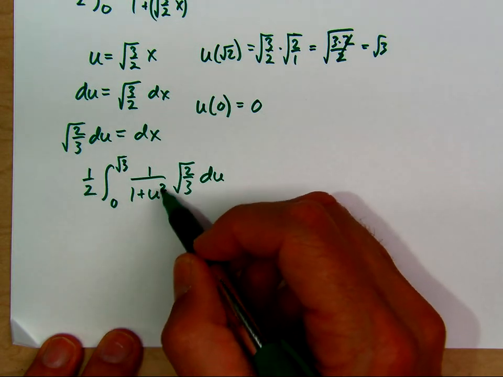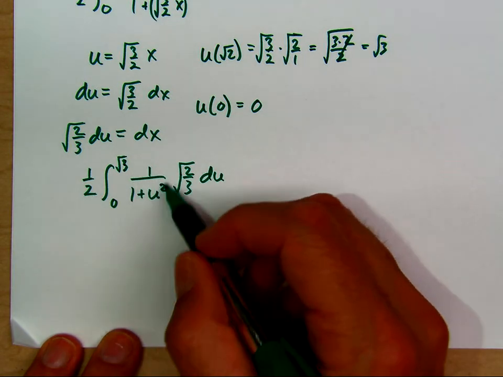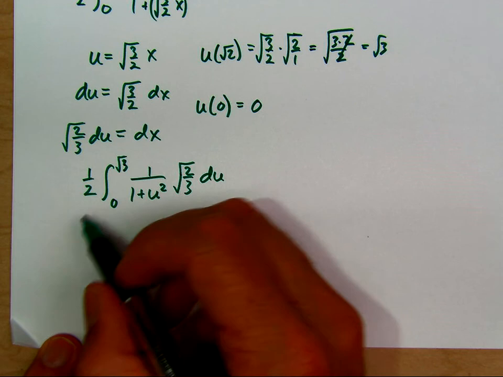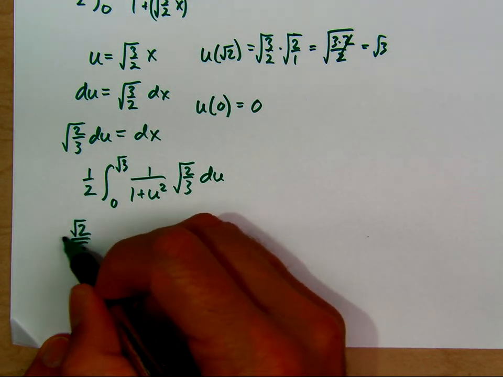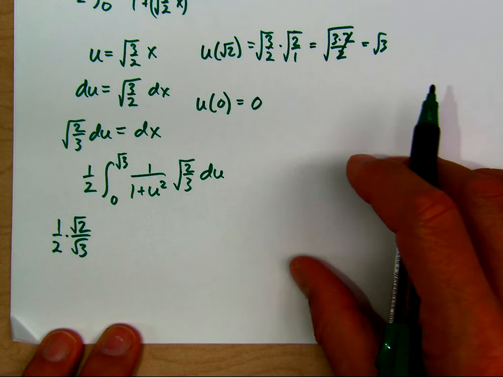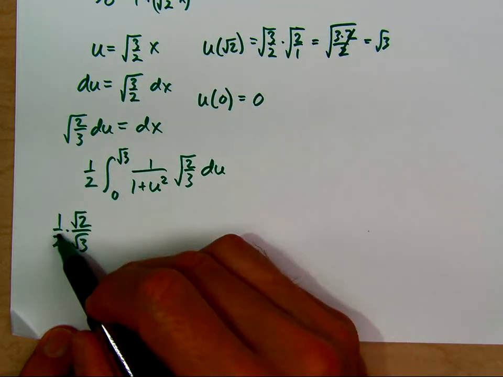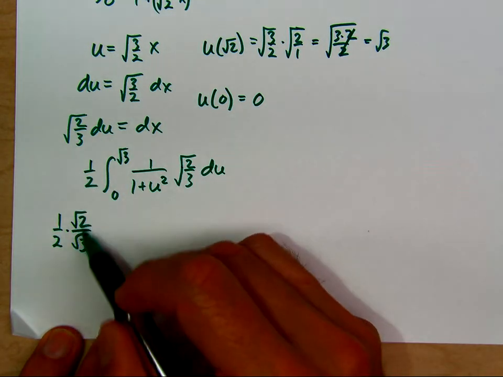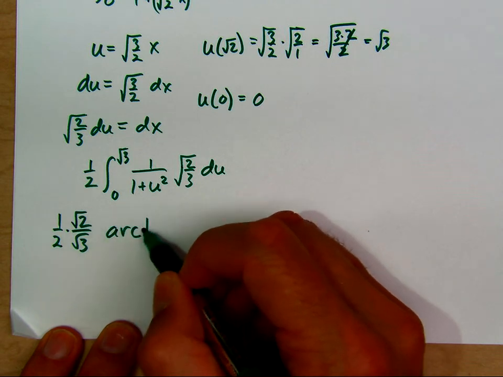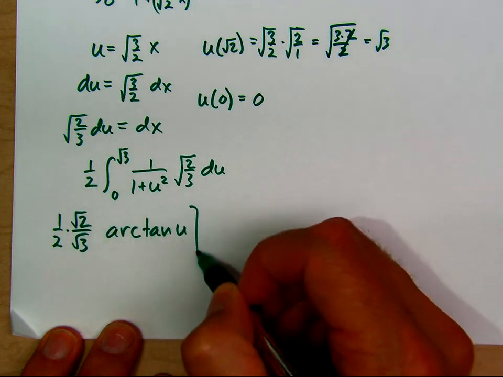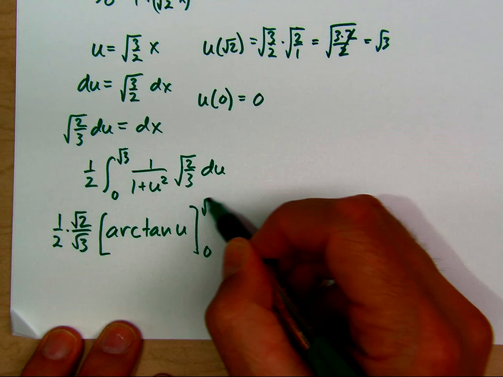This will give us arctangent. Let's just break that up. So I have the 1/2, then I have the radical 2 over radical 3. This is going to be arctangent of u from 0 to radical 3.